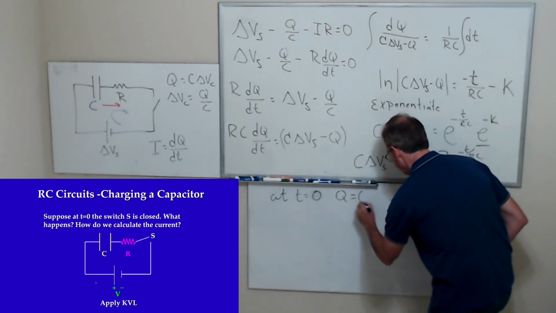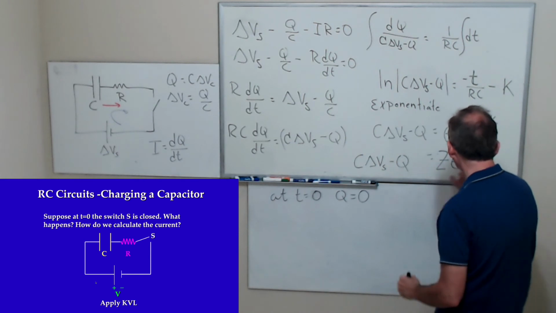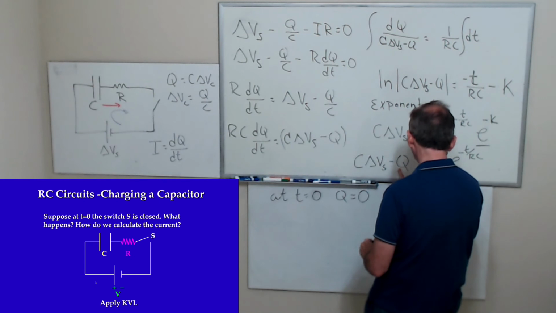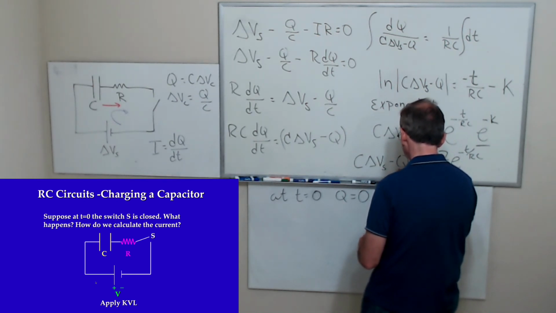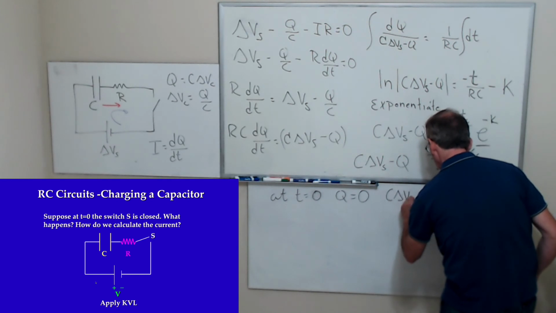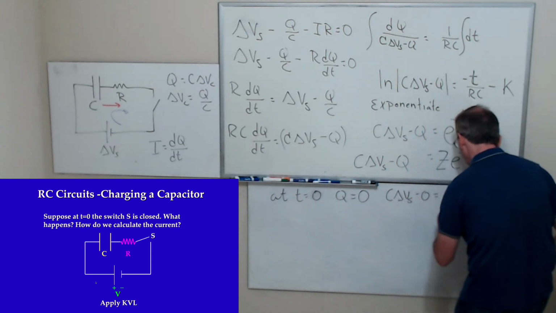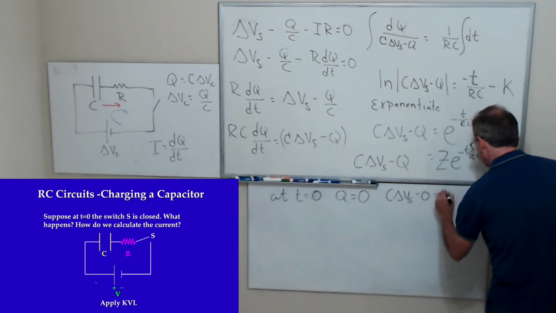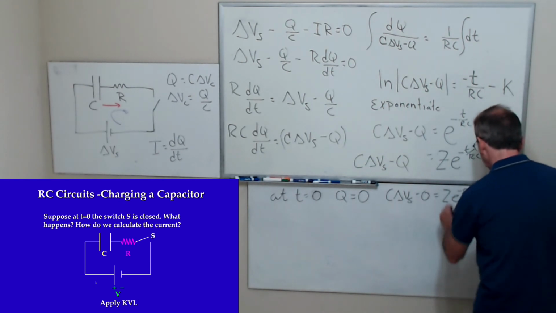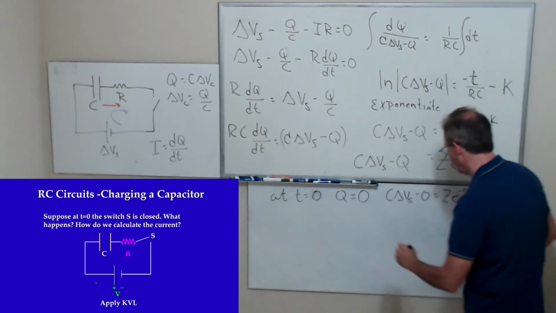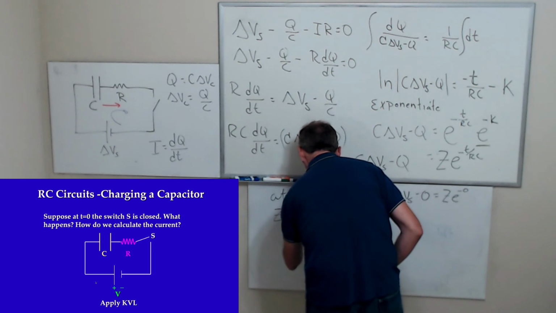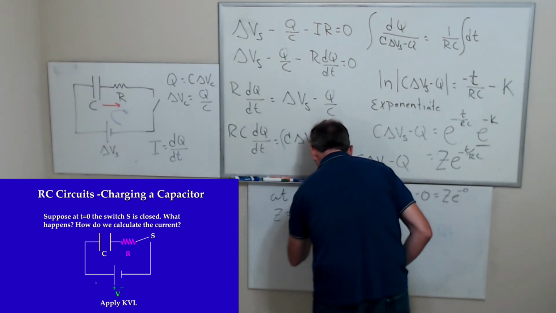So let's plug in t equals 0. We know Q is 0, right? So C, or Z, is equal to C delta V sub S.